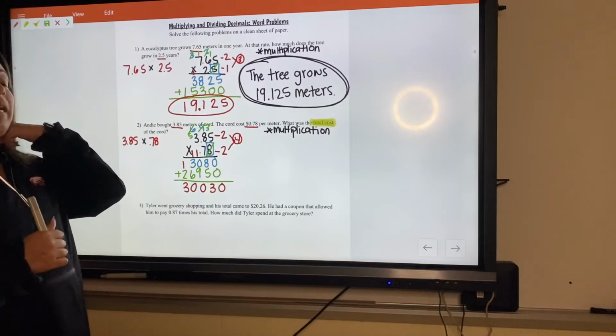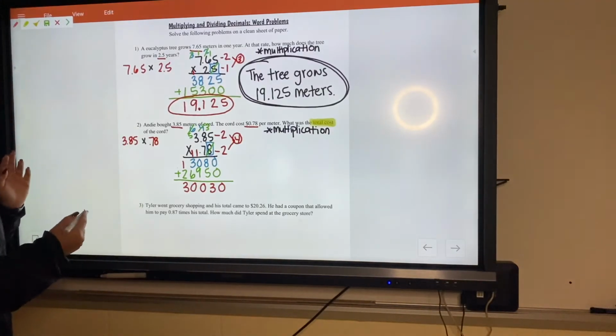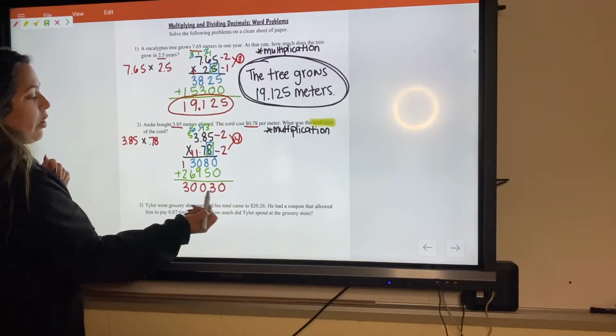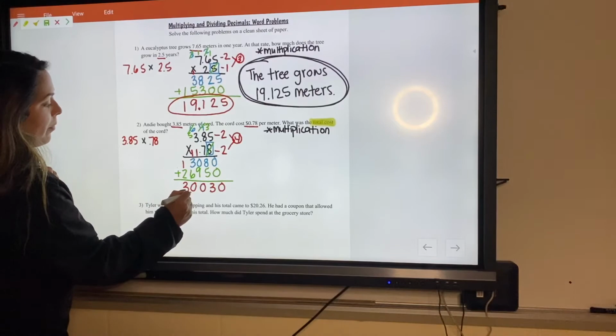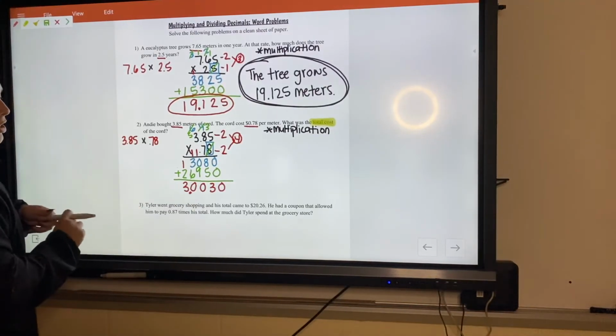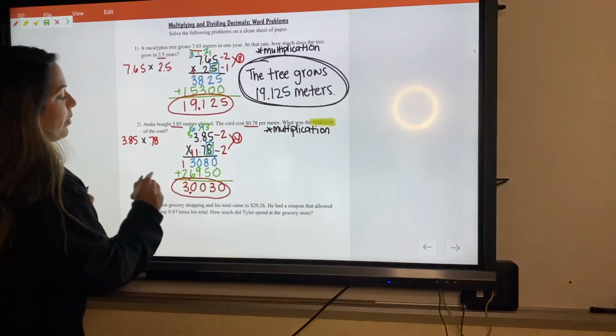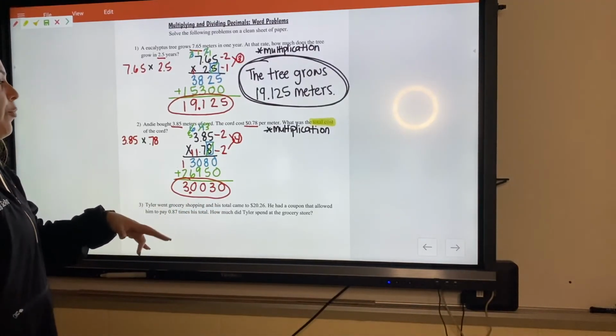My decimal point needs to have 4 numbers behind it. So I'm going to start to the right and work my way to the left. 1, 2, 3, 4. Put my decimal point right here. So my answer is 3.0030.